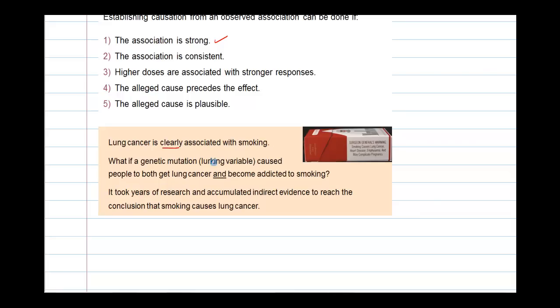Well, this has been studied as well, but clearly there's not a genetic mutation that causes this. The lurking variable here would be this genetic mutation, and it would cause two things: lung cancer and addiction to smoking. As it says down here, it took years of research to establish the causation relationship between smoking and lung cancer, but it's been clearly established.